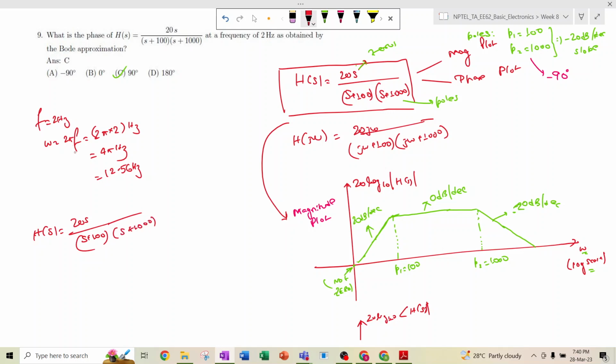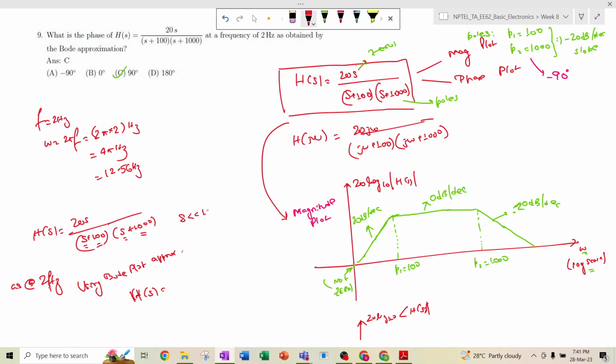Okay, so now, as the s is too low, at the rate 2 hertz frequency, using Bode-Plot approximation, the H(s) will be, so this s is much less than 100 or 1000.